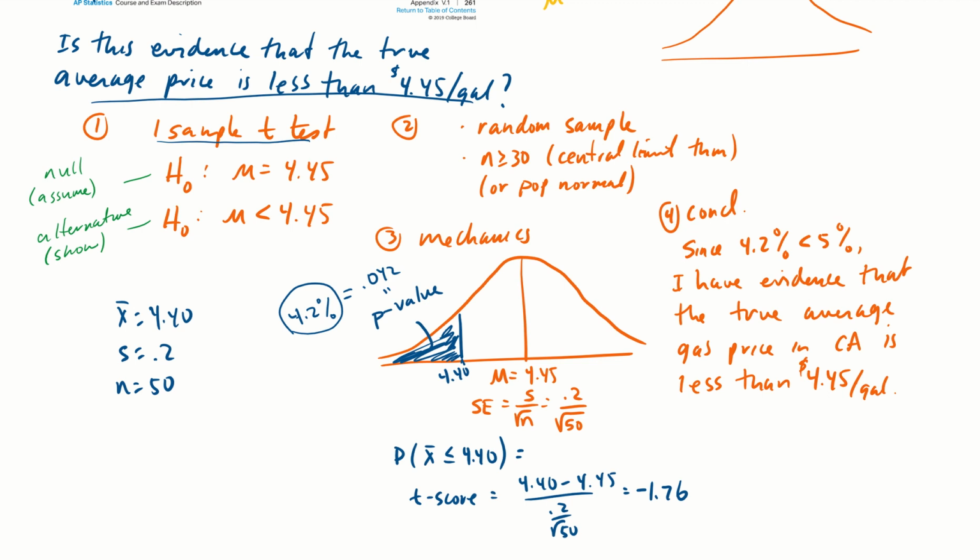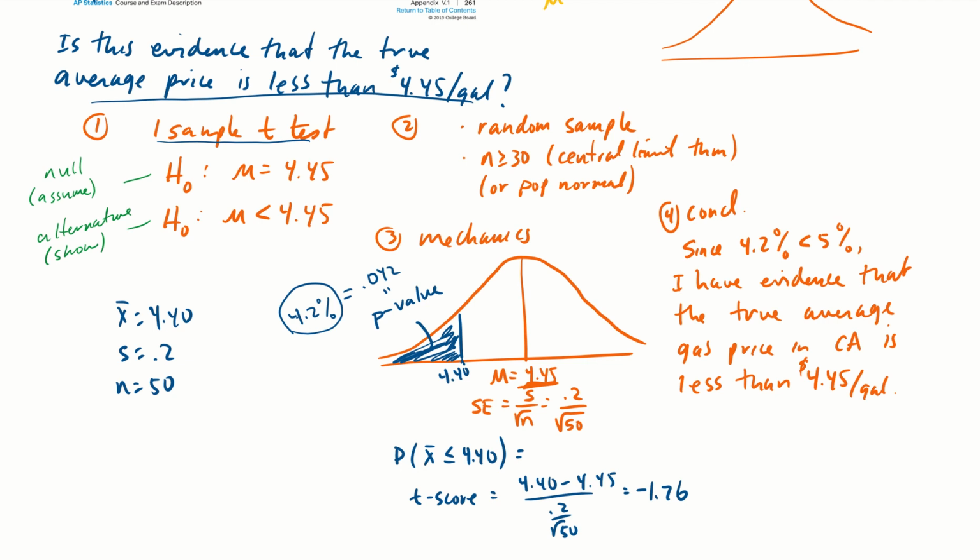So we're saying this didn't happen by chance. Why did it happen? Well, it happened because my original assumption of 4.45 is too big. It's got to be smaller. Okay, so this is my one sample t-test.